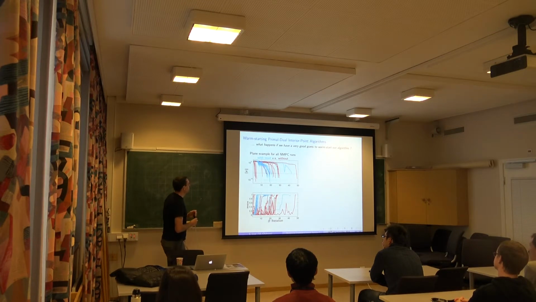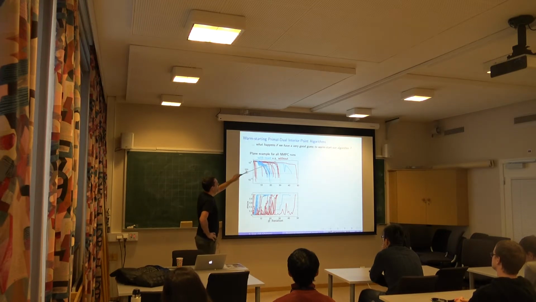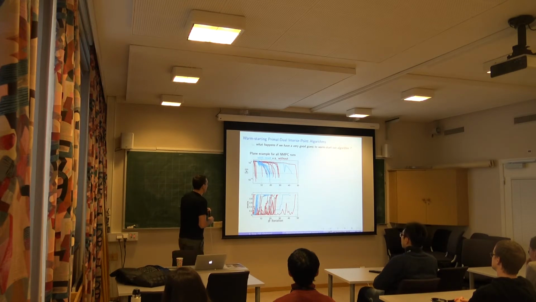So it's only a partial solution, and here I'm showing what happens with this MPC example. So that's the plane, and that's if I apply the algorithm naively, so that's with reset. So I put tau back to 1, so I need to retract to the central path, and without resetting the tau, so I keep tau low.